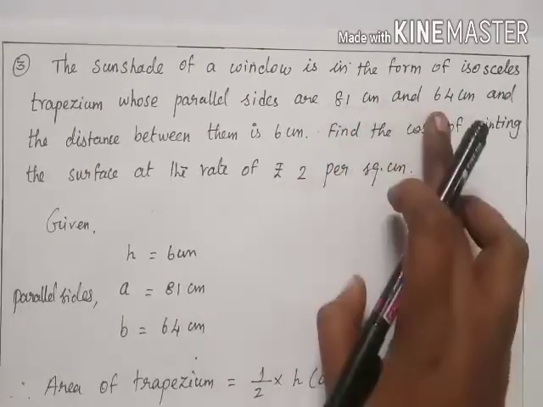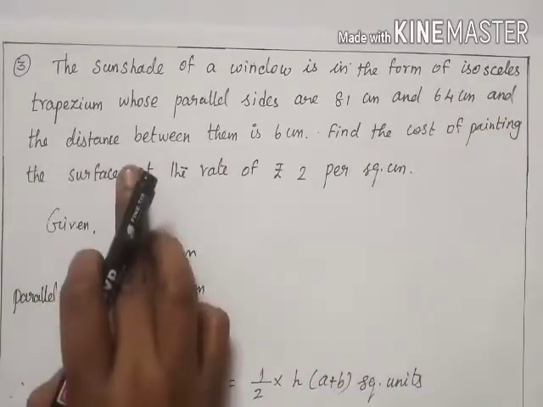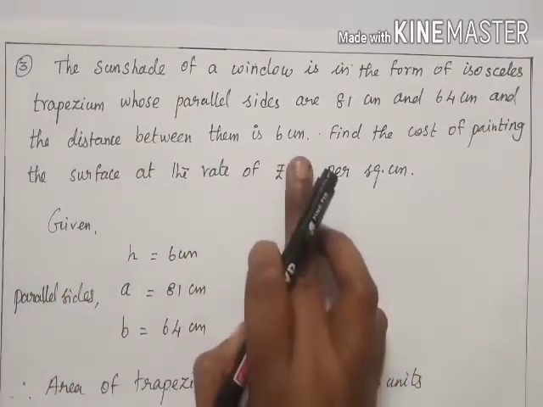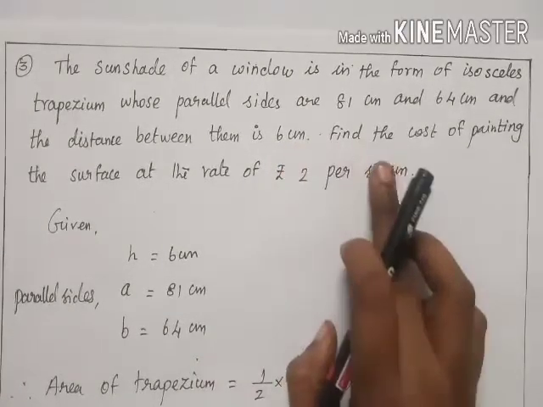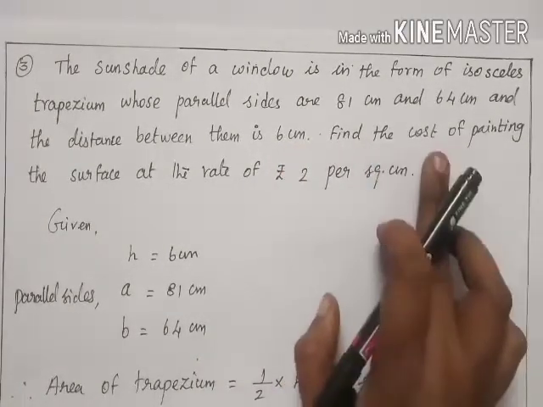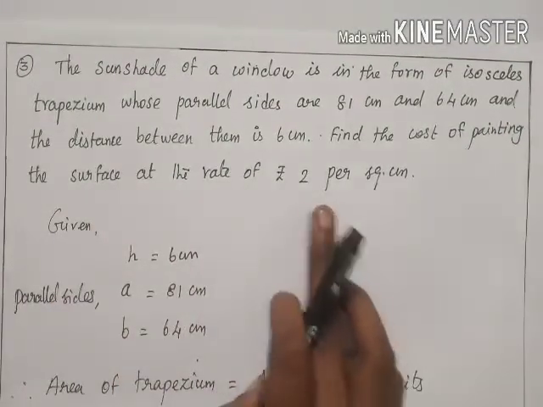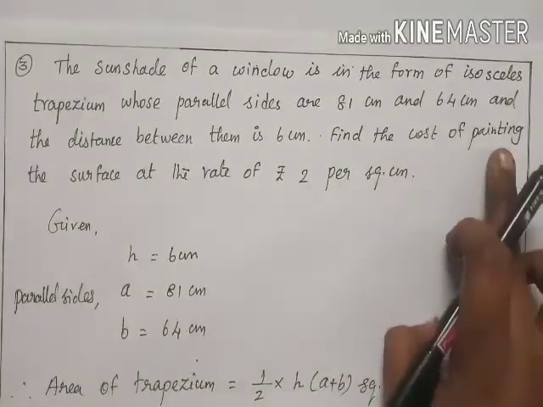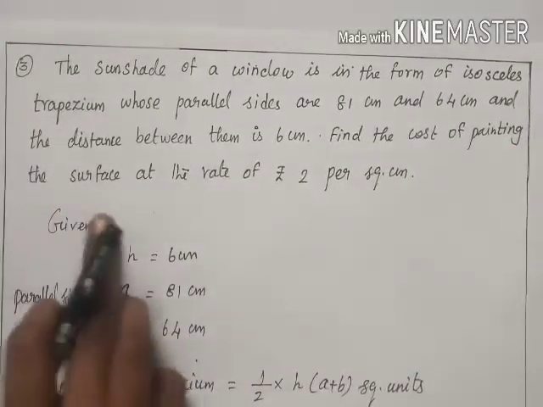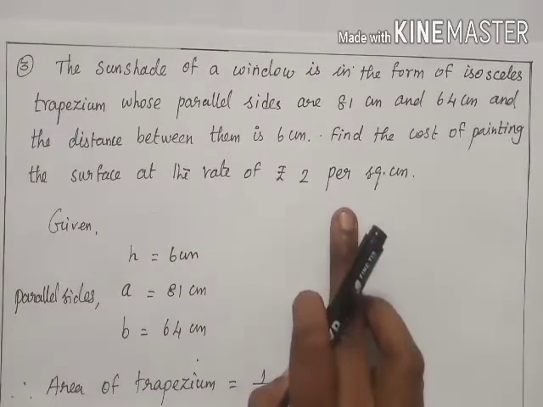That is the value of A and B. And the distance between them is 6 centimeter. This is the value of height. Find the cost of painting the surface at the rate of rupees 2 per square centimeter.